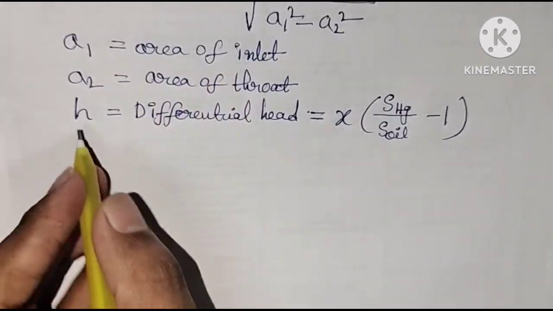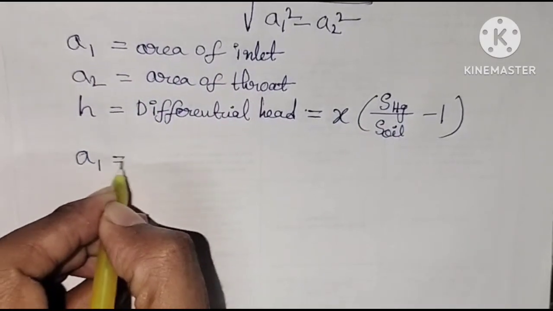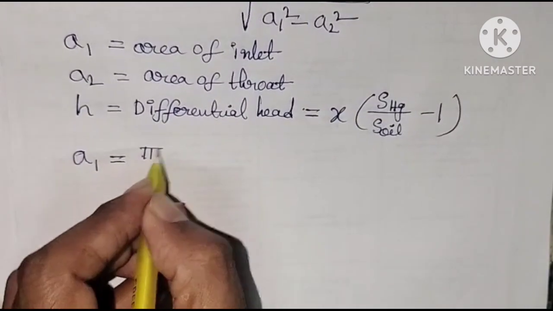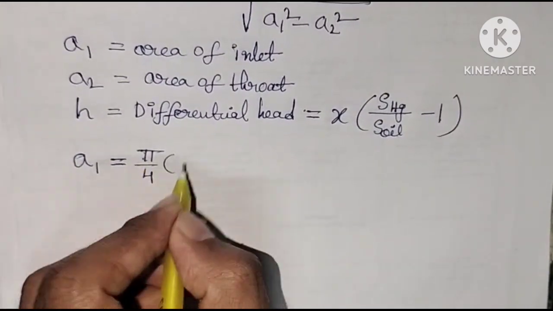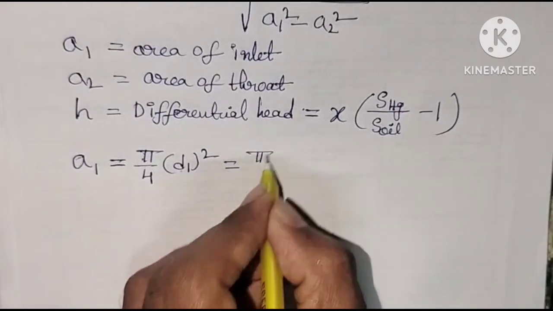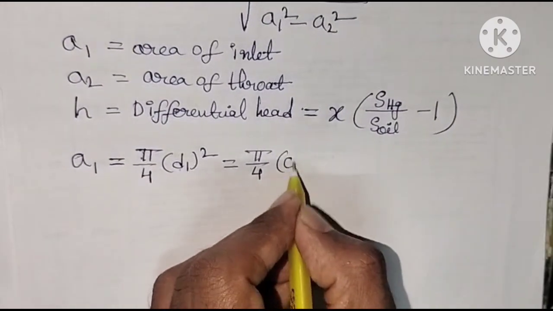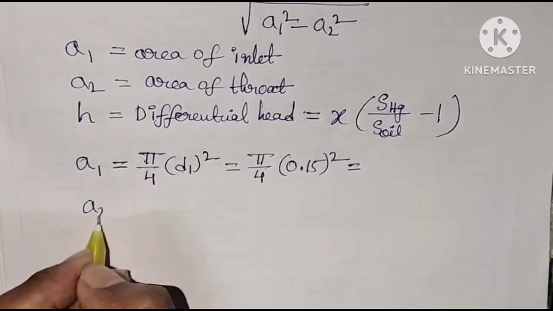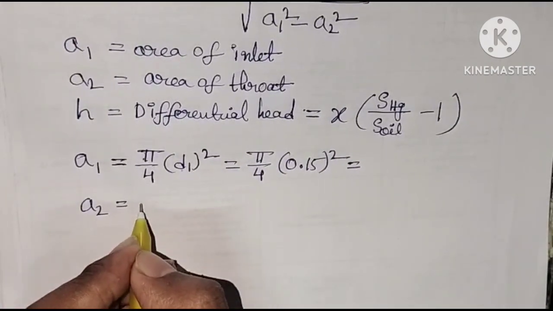A1 means area of inlet. The cross section of inlet is circular. So A1 is equal to pi by 4 into D1 whole square, where D1 means diameter at inlet. Pi by 4 into 0.15 whole square. Similarly, A2 is the area at throat.